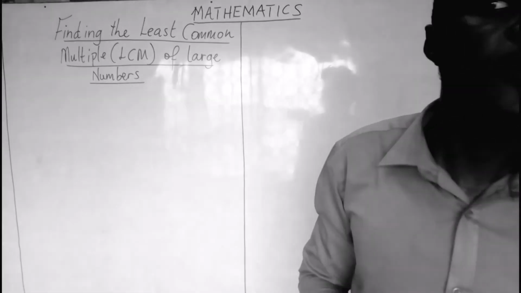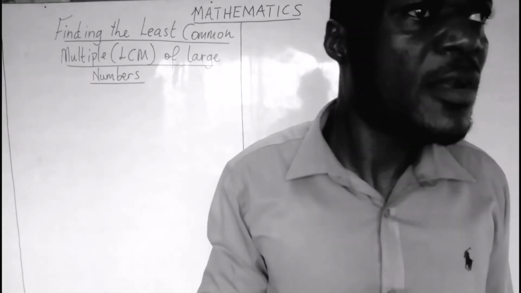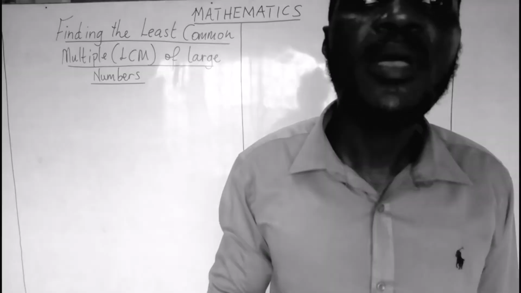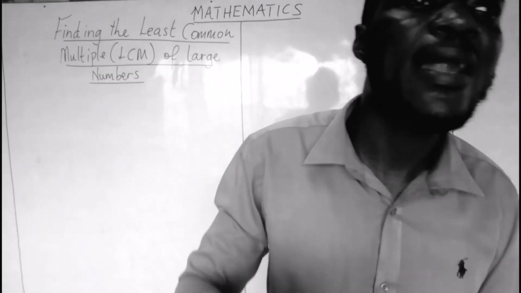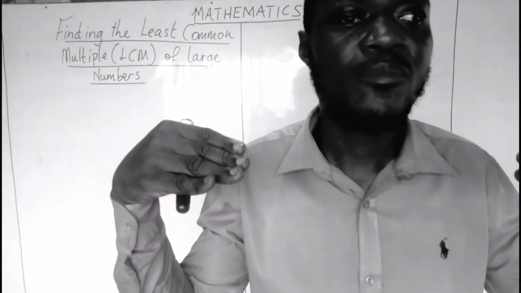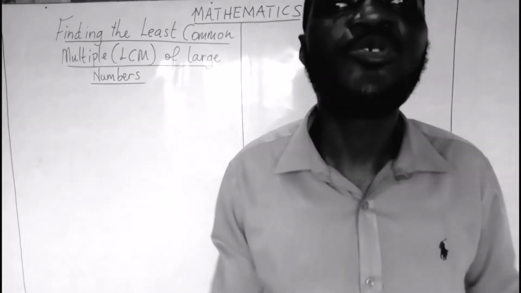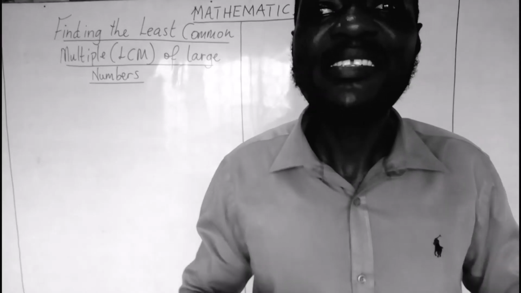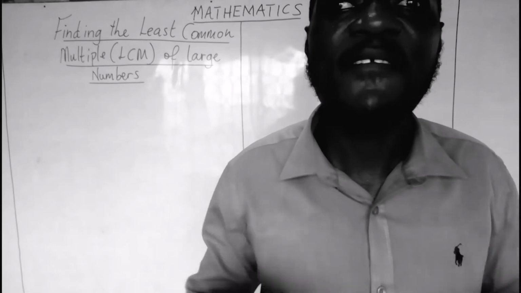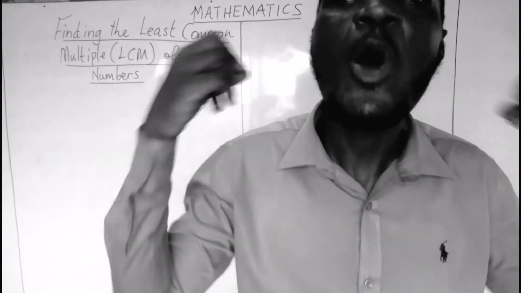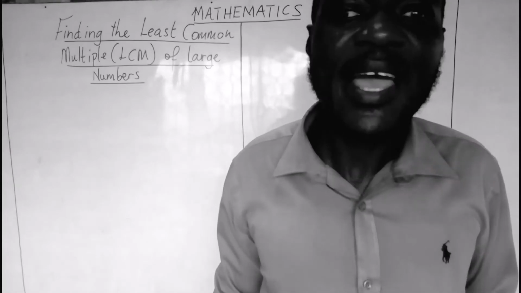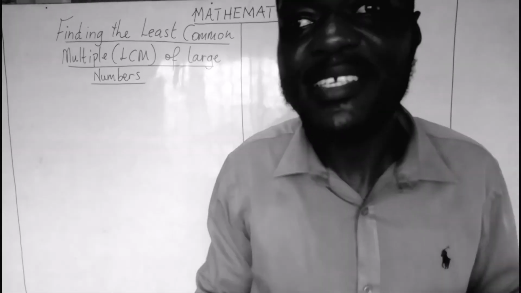Now, from Form 1, or still we are in Form 1 anyway, maybe we would have learned about numbers and how they are used, different types of numbers. We have odd numbers, even numbers, and multiples of numbers.